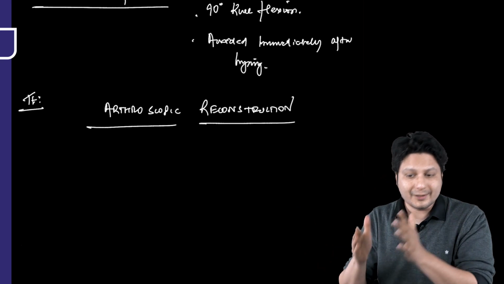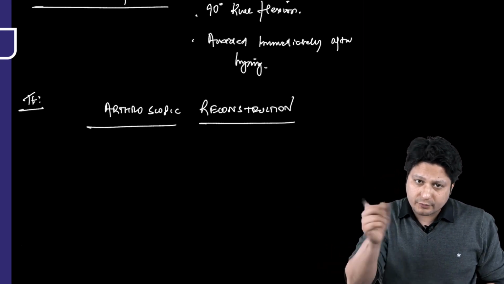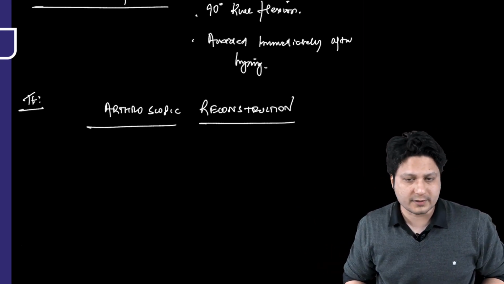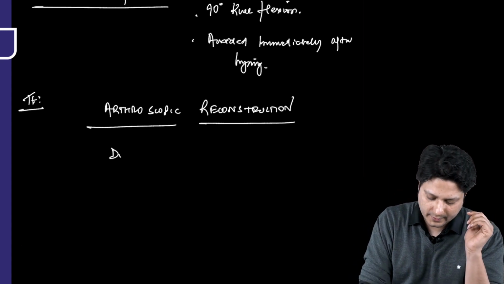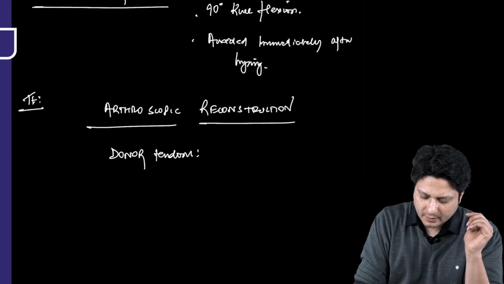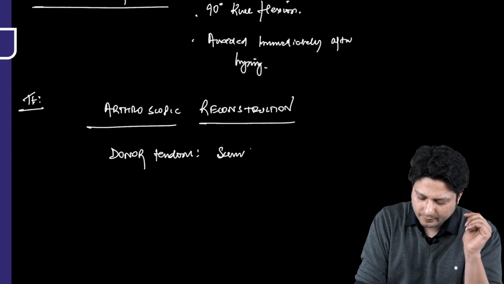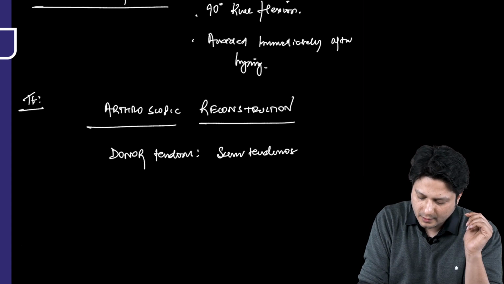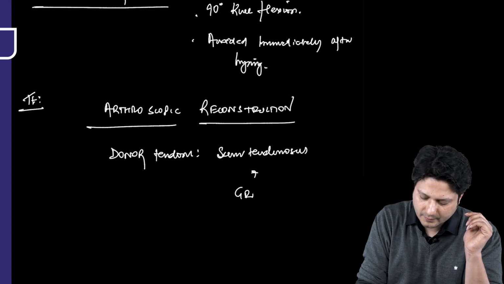So your question is: out of the multiple tendons in the human body, which one is most commonly used as a donor tendon for the purpose of graft in arthroscopic reconstruction of ACL? The donor tendons most commonly used for reconstruction are semitendinosus and gracilis.